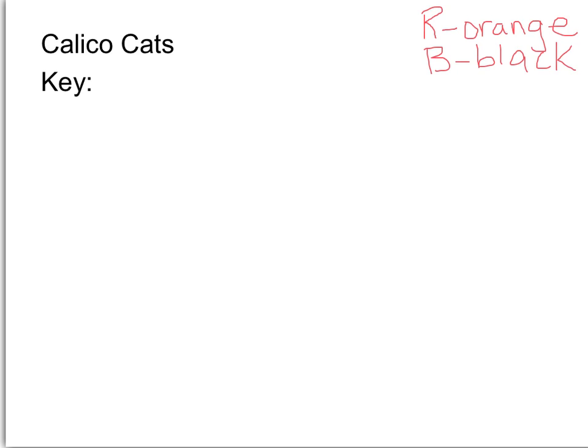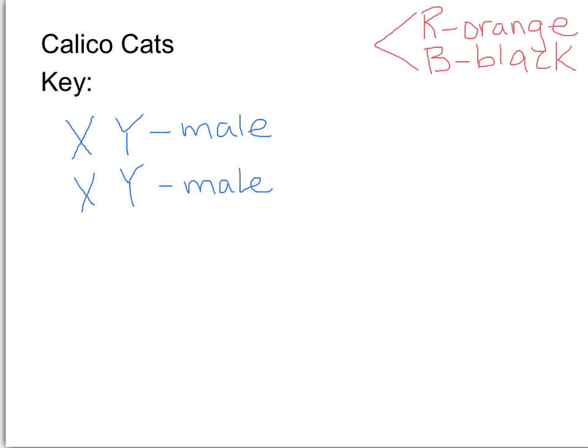So we're going to have the boys. And the boys are going to have an X and a Y. So these will be my males. Male, male, and they only get to choose, right, so these are on our X chromosomes, so they only get one shot.